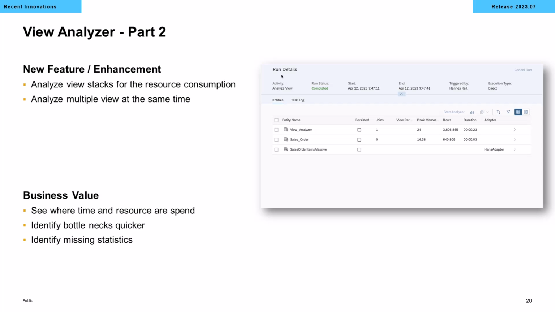With Wave 7, we enhanced the functionality of the view analyzer to show you more of the memory consumption and rows processed, as well as the connections and adapters you're using and their capabilities, and whether there are statistics or not in our view analyzer. How do you find this?